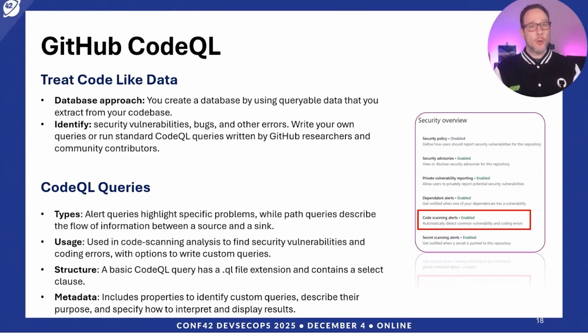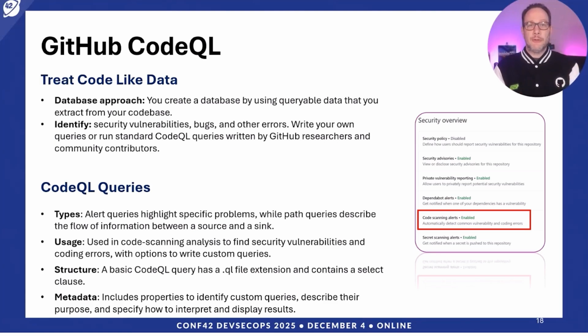You can create your own custom queries or rely on a set of standard queries provided by GitHub research teams, as well as community contributions for any common development language.